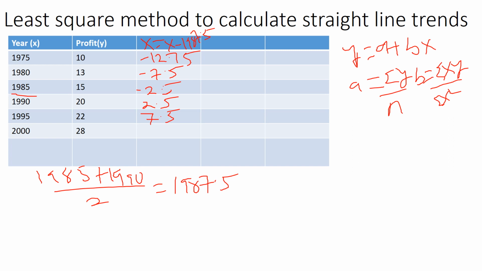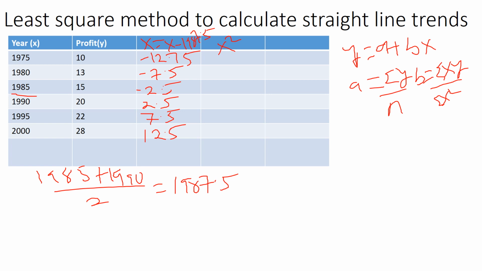And then we have 2000 minus 1987.5, we get 12.5.